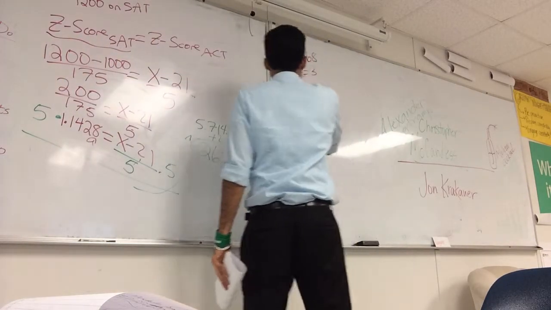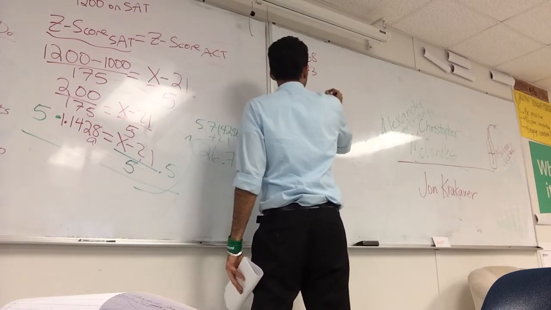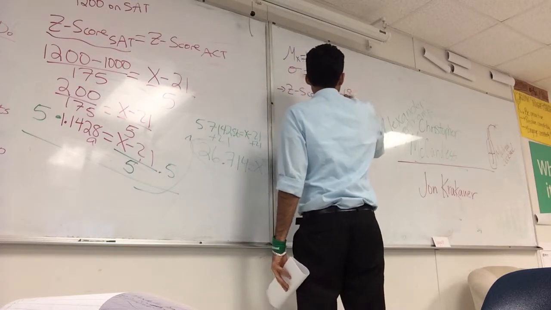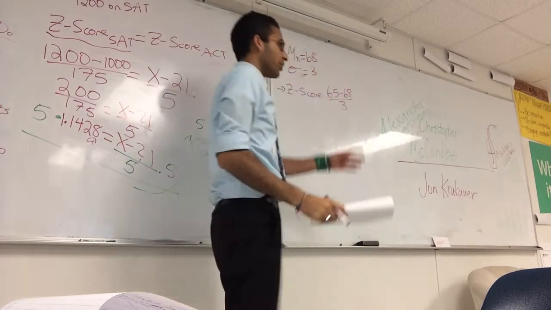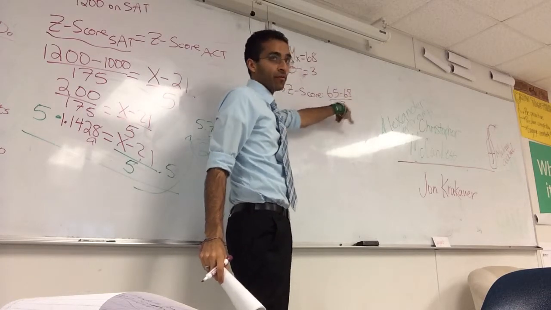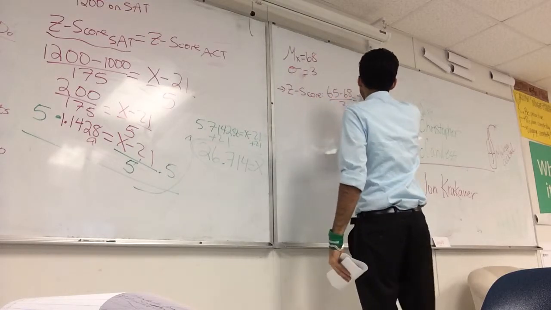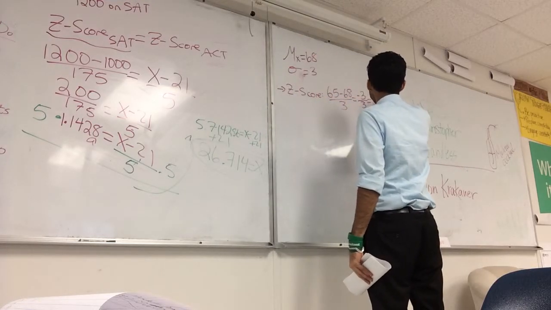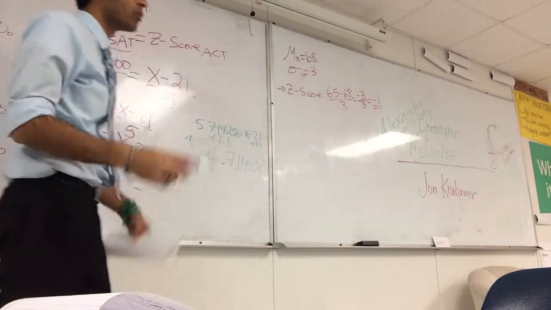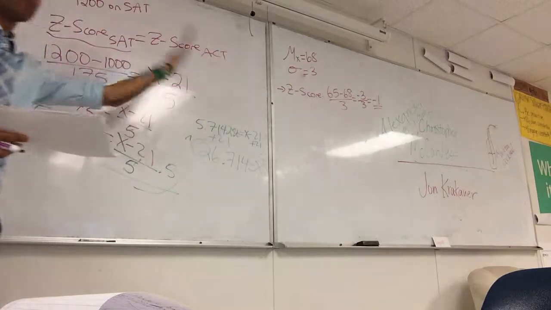So what you can do is calculate the z-score, which will be 65 minus 68 over 3. That is 65 minus the mean over the standard deviation. This will be negative 3 over 3, so this will be negative 1. So this is saying what? 65 is one standard deviation below the mean.